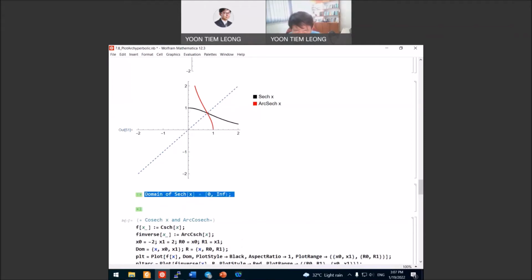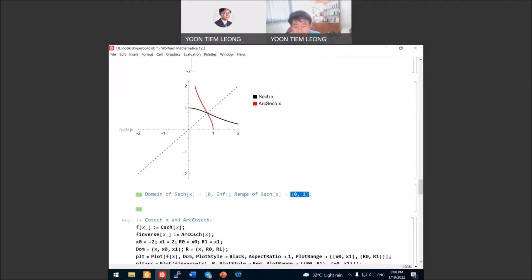Then the range of it, you can see from the graph, is going from 0 to 1, but 0 is not included, right? So the range of hyperbolic secant starts from 0, but 0 is not included, and it ends at 1, and 1 is included.